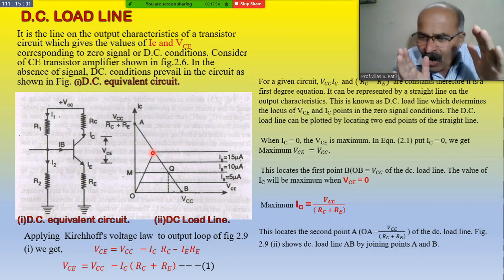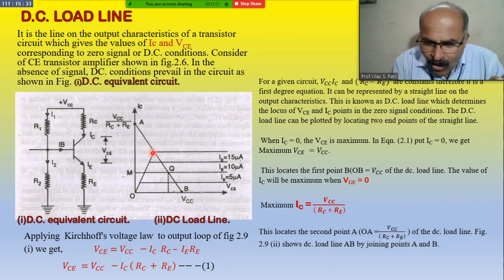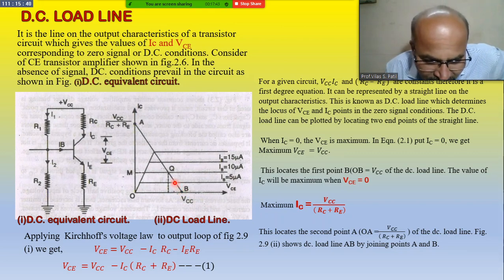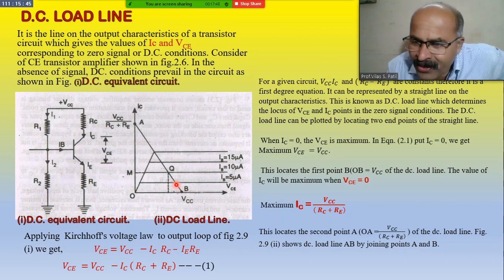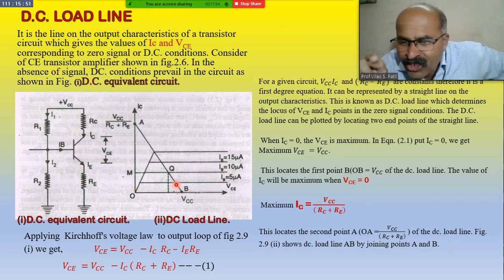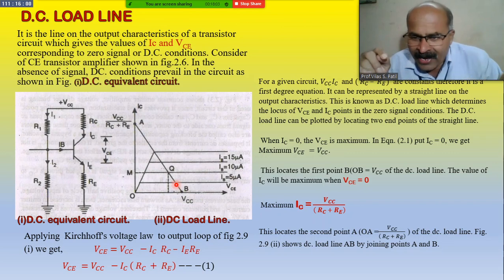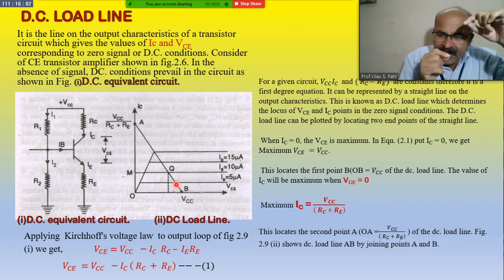Hence, all these points from A to this point are not operating points. Below, from this point to B, all the points are not called operating points because they come in the cutoff region.